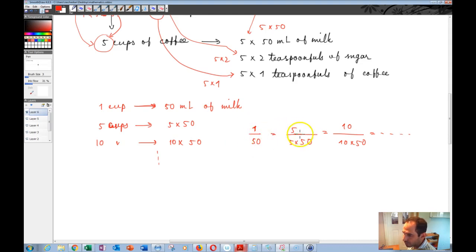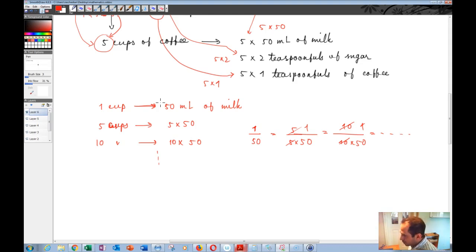It's 1 to 50, again 1 to 50, and again 1 to 50. That's the example of a direct proportion, meaning that these two quantities are proportional. They are changing together, increasing or decreasing together, and they are doing so proportionally.